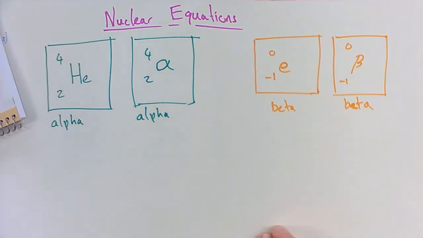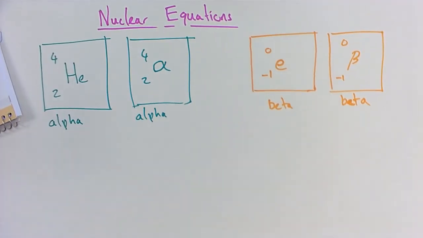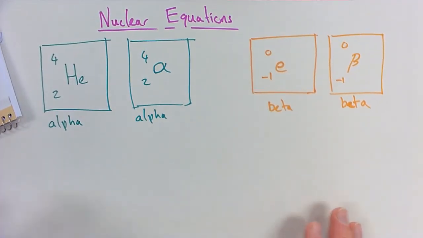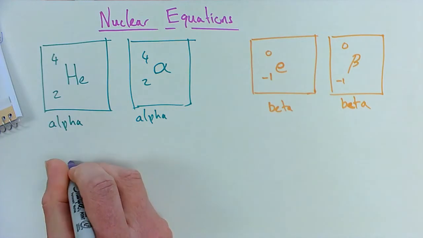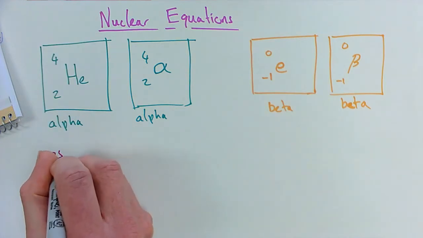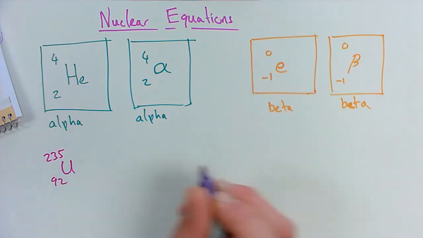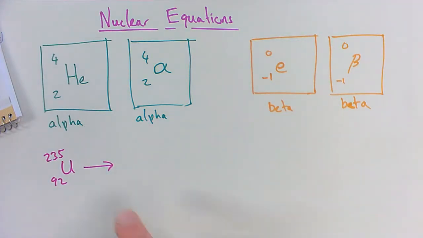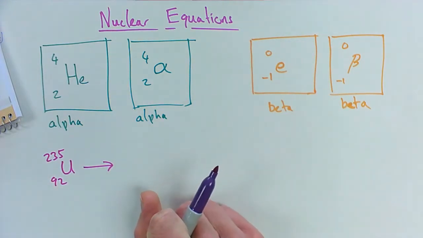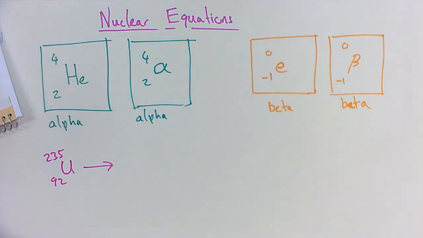Now, there are certain decays that happen naturally. By decay, we mean if we've got an element, and let's start with uranium, so we'll go with uranium-235. What might happen to uranium is that it might give off an alpha particle, and this is a fairly common decay.